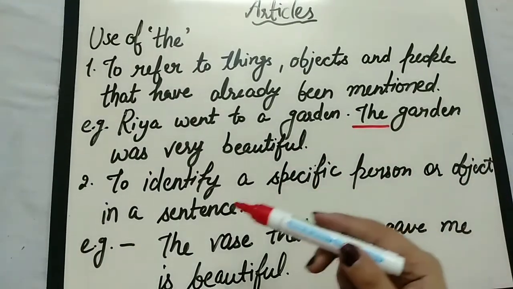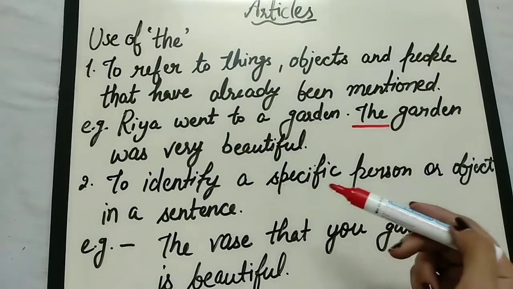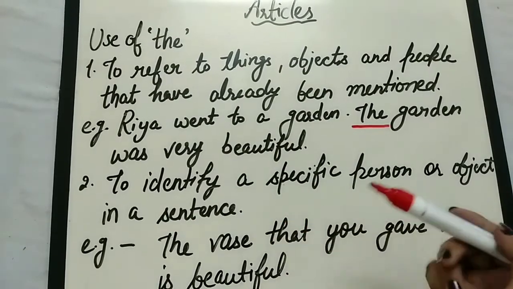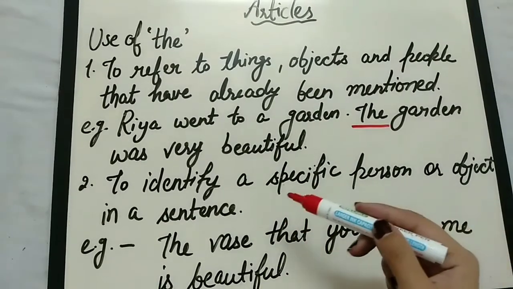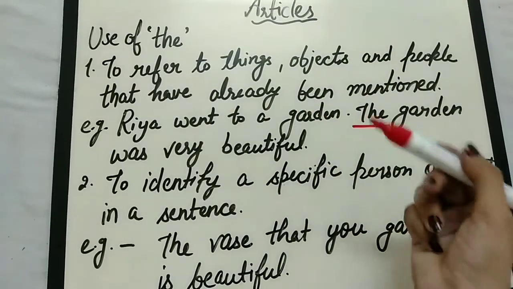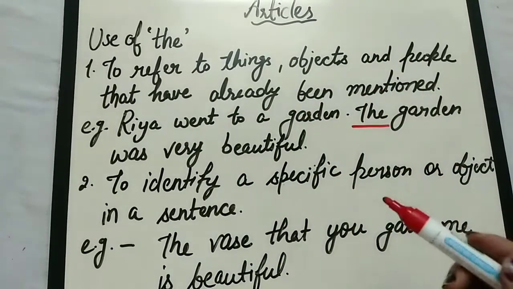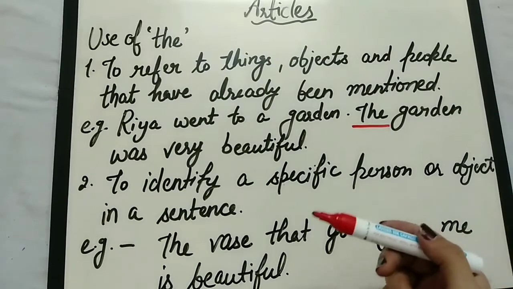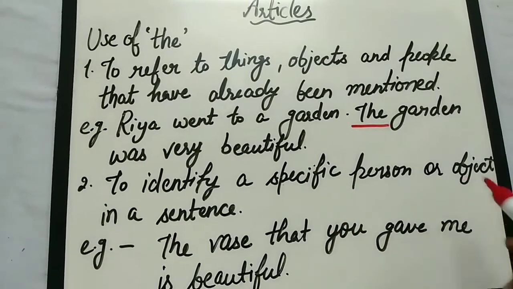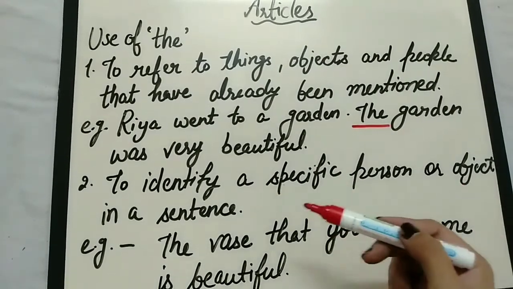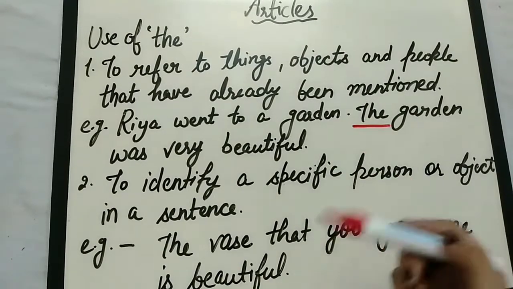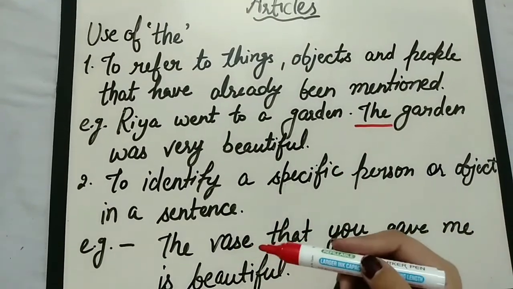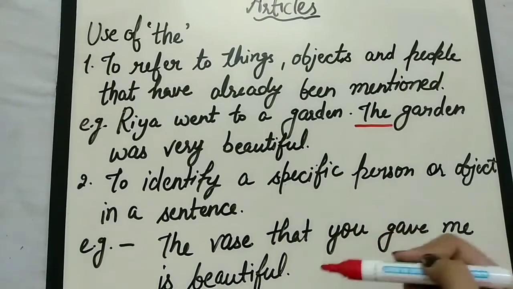The garden was very beautiful. And secondly, it is also used to identify a specific person or object in a sentence. As I told you, the is the specific version of a noun. So when we try to identify a specific person or any object or thing in a sentence, then we use this definite article the. For example, the vase that you gave me is beautiful.